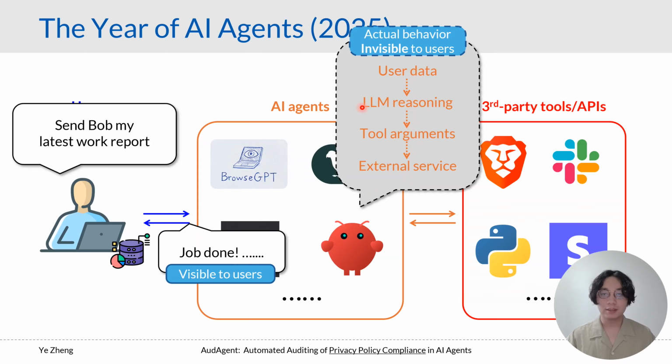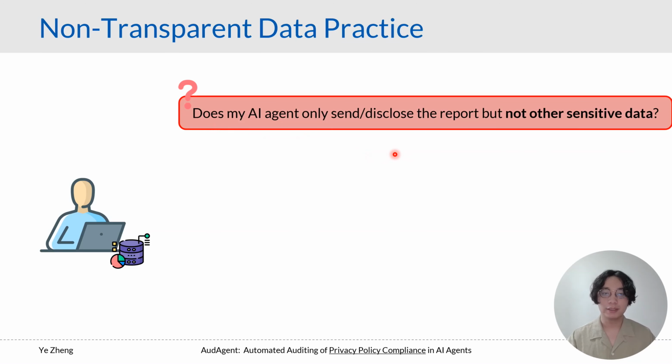But the actual behavior of these AI agents is invisible to users. This lack of transparency raises many questions about users' data privacy. One question is, does my AI agent only send the report, but not other sensitive data?